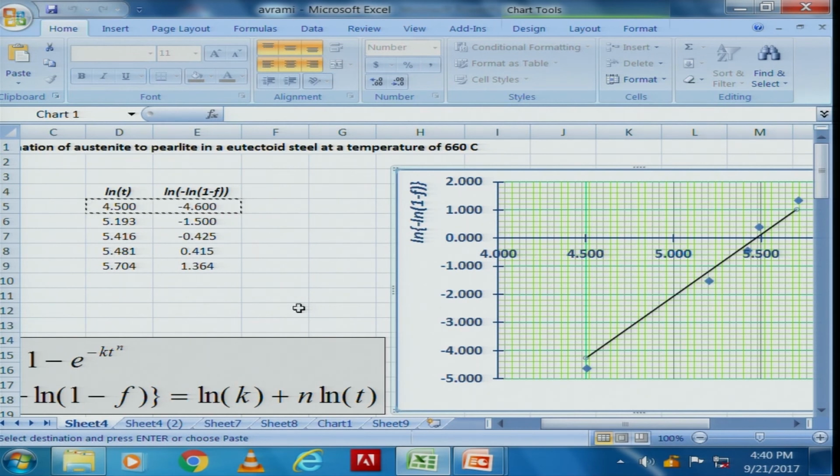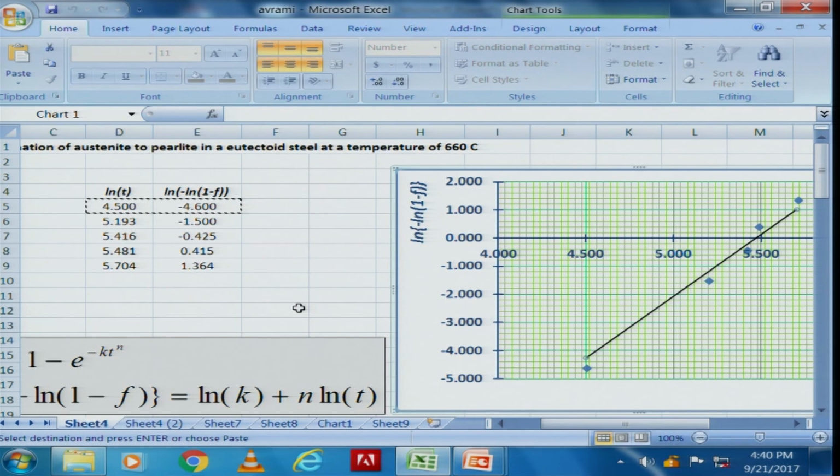I'm going to digress a little bit, and we will look at how to find the best fit parameters of the Avrami equation, or how to find the best fit parameters for a straight line if I have a set of data points.